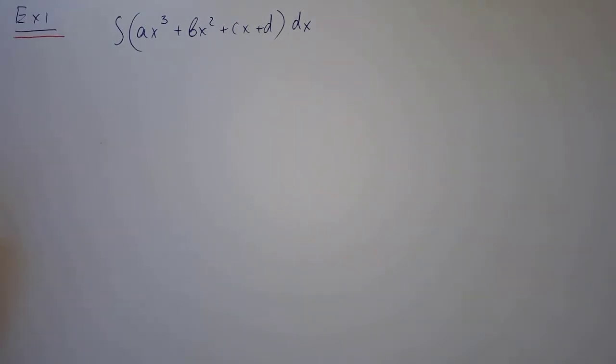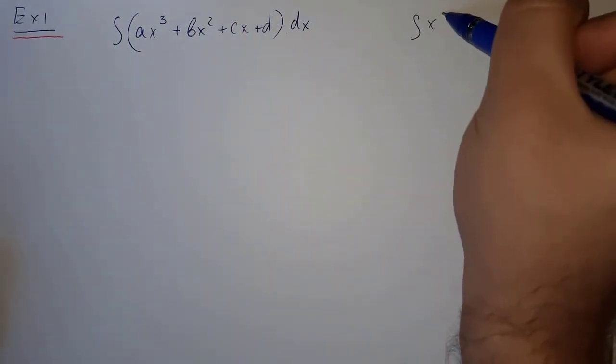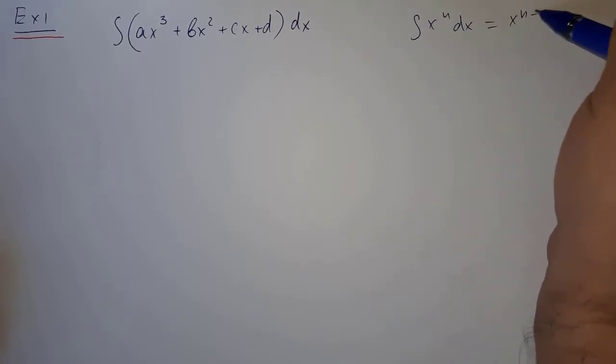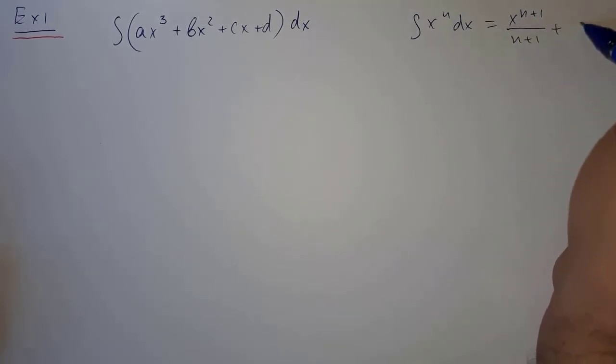Okay, it's given a cubic polynomial, and we need to calculate the integral of this polynomial. So we will use our first basic function, x to the power of n. Let's recall one more time: the integral of x to the power of n dx is x to the n plus first over n plus 1 plus c.